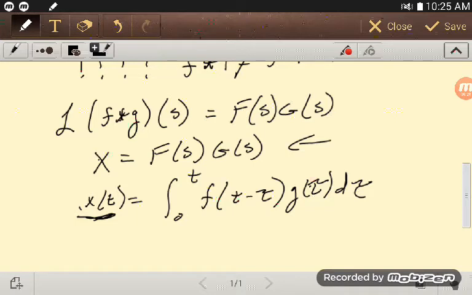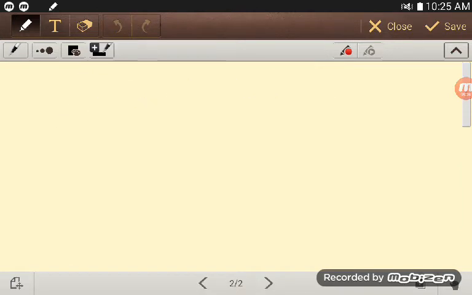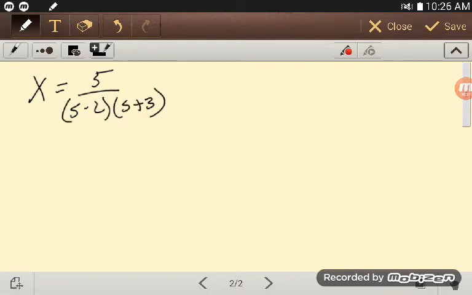Now, what I want to do is look at a special case of something we could have done with partial fractions. Suppose we have this situation where I know that my big X is 5 over (s minus 2)(s plus 3).